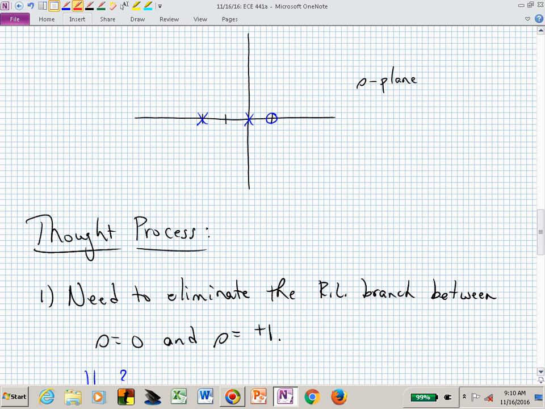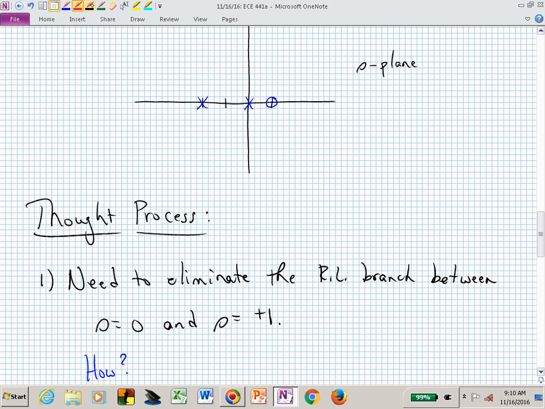Put a zero where? So now we have +1, we have -1, and -2. I hear somebody bidding to put a zero at 1. Which one? -1 or +1?